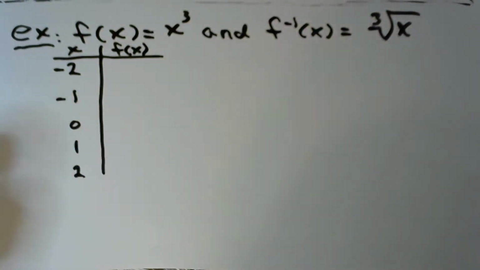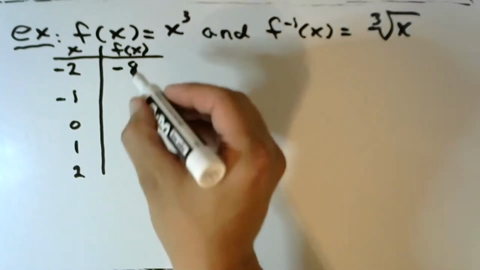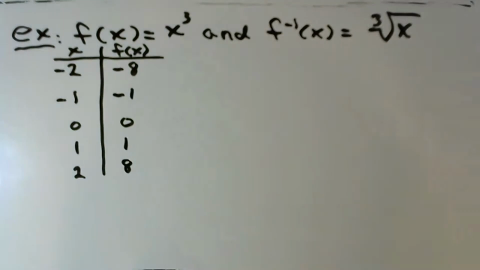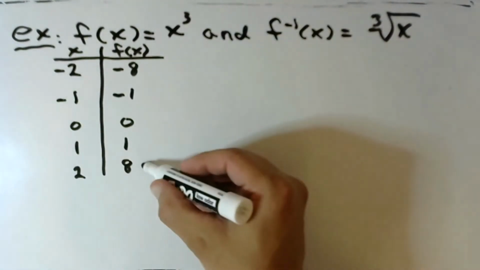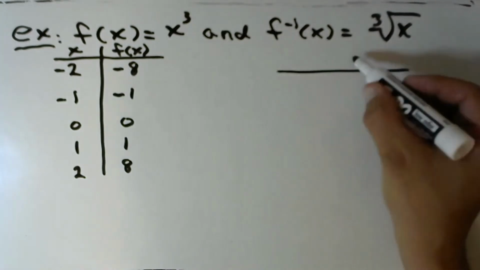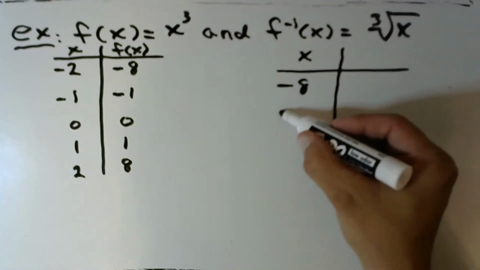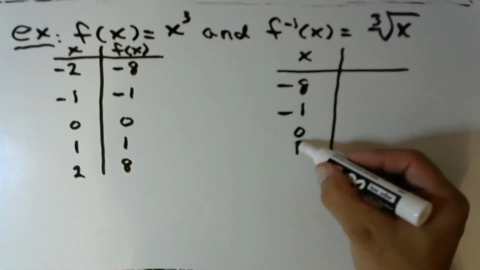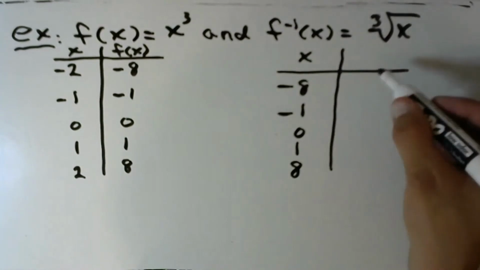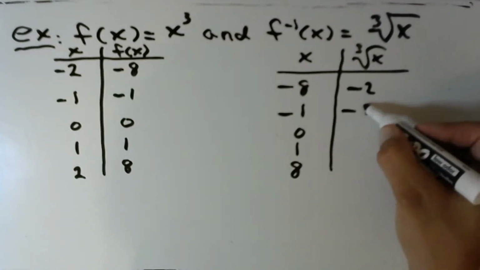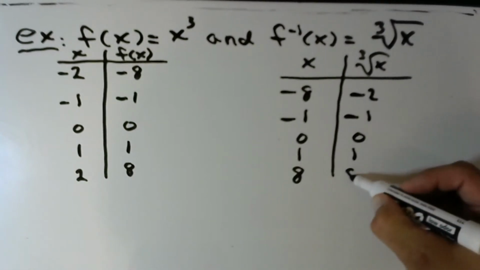Well, we cube each of these: -8, -1, 0, 1, and 8. Now for this one, since it's the inverse, these become the inputs. We let x be -8, -1, 0, 1, and 8. Cube root of -8, you get -2, -1, 0, 1, and 2.